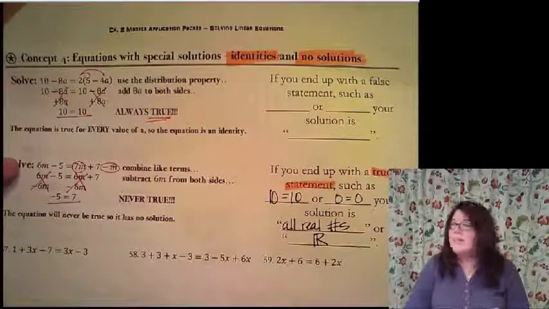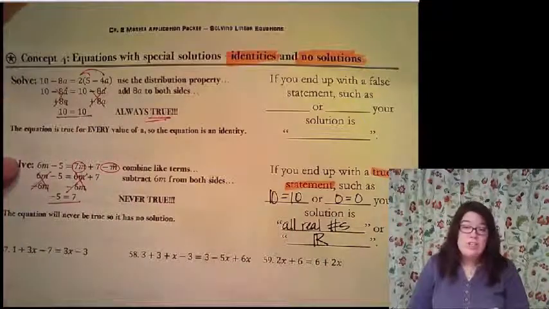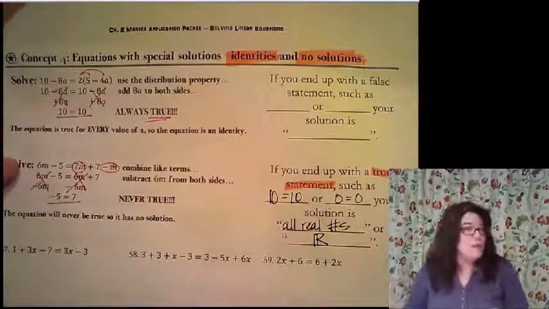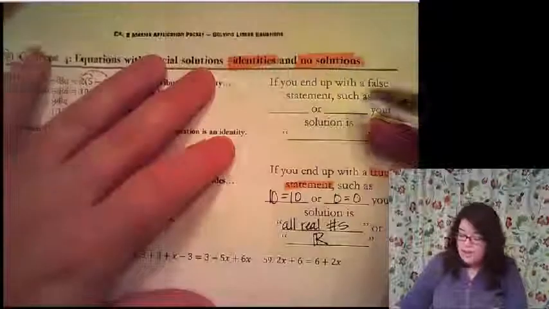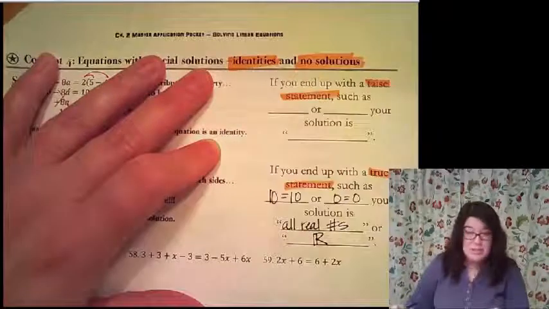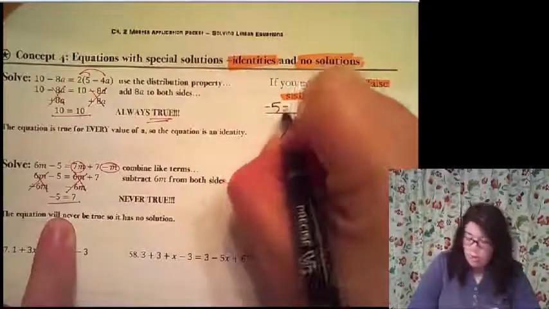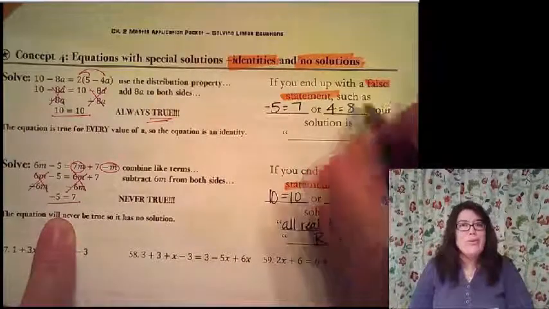So in this statement, it doesn't matter what you plug in for x. This equation is always going to work out to be false. It doesn't matter. There is nothing that I can plug in. So if you look up here at the top, if you end up with a false statement, something that's never going to be true, such as negative 5 equals 7 or 4 equals 8, those are not true.